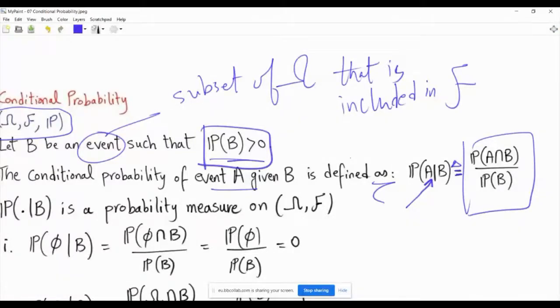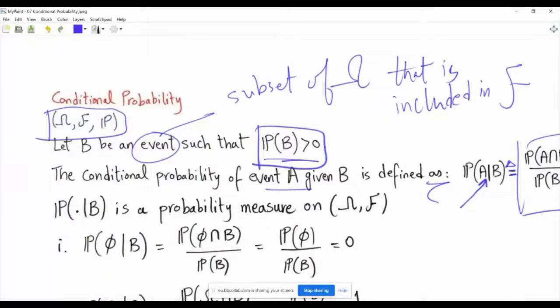Now, if you apply this to all the members of the sigma algebra, conditional on B, so here, let's call it C, and B, this is computed as the probability of the intersection over the probability of B, and it is indeed a probability measure. It's a new probability measure, right?